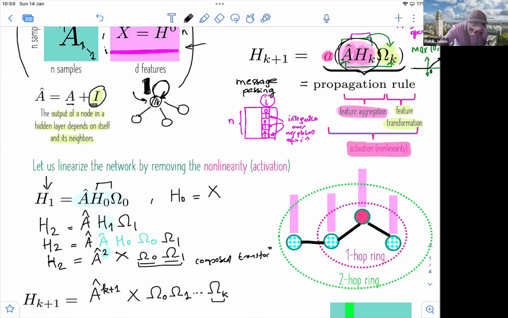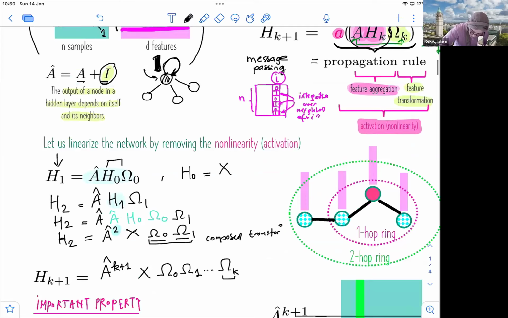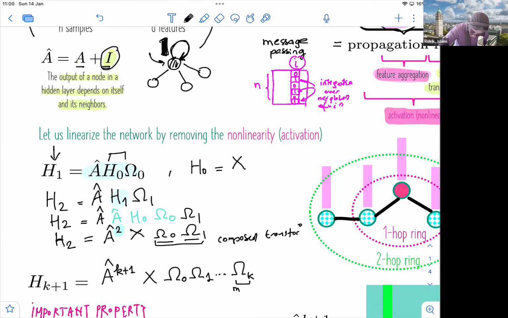So here, this is mapping from K to K plus 1, and here 0 to 1, 1 to 2, etc.